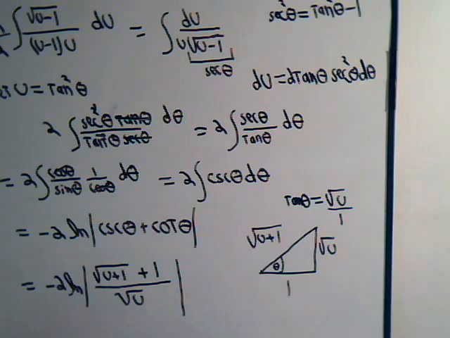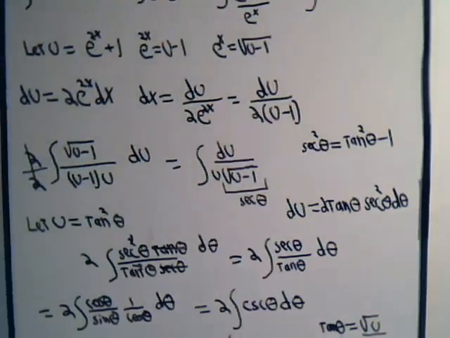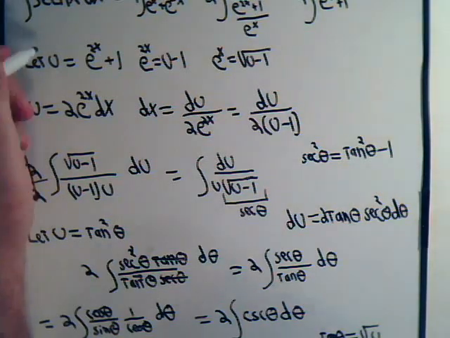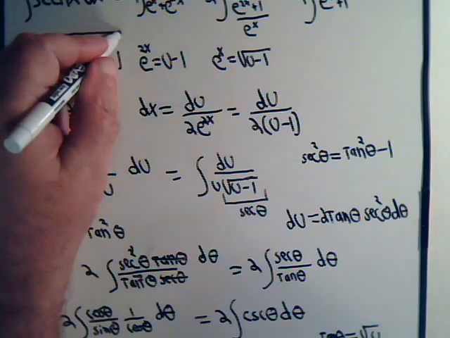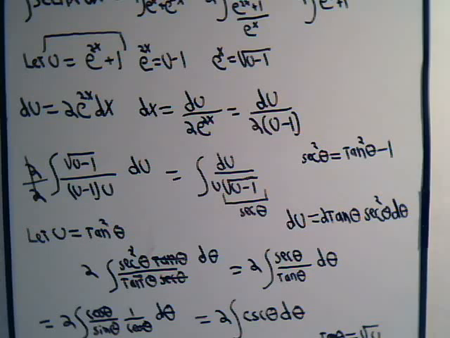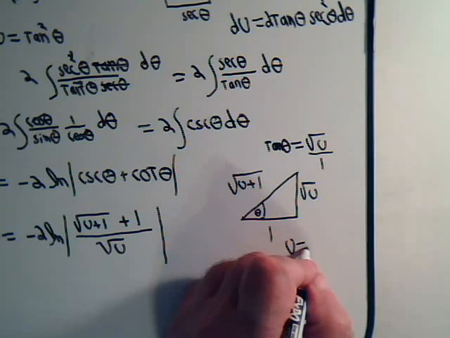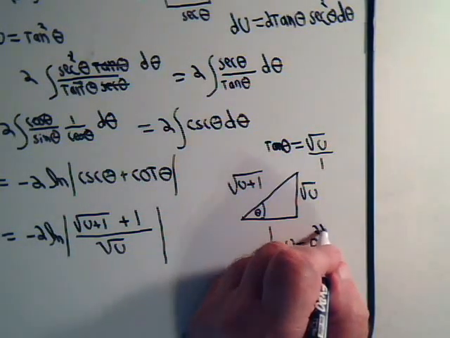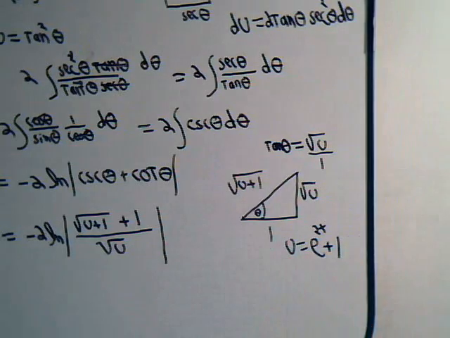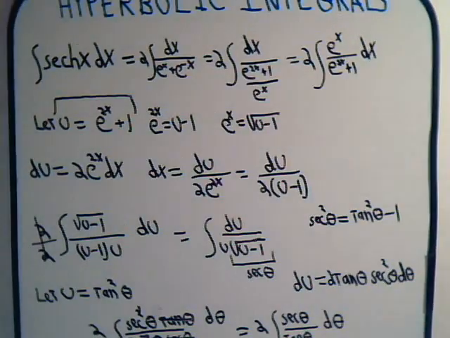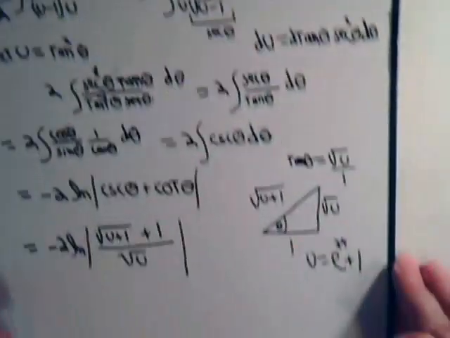But now we have to remember we've made multiple substitutions along the way, and this is what u is. u equals e to the 2x plus 1. So we plug this into here, and we claim that is what this is going to equal.